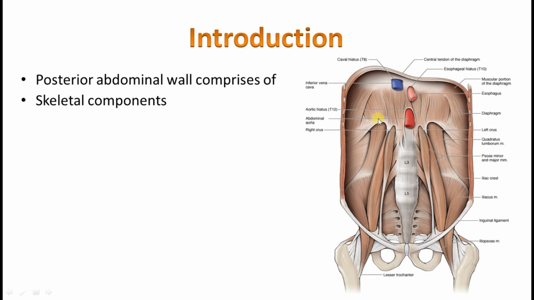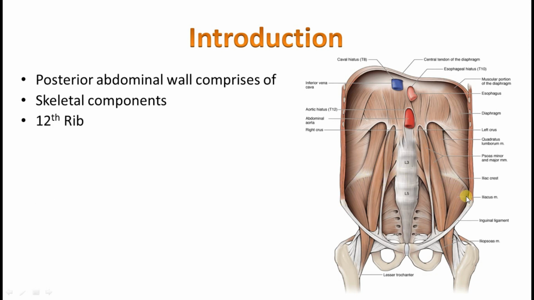Laterally or superolaterally, the wall is supplemented by the ribs, the inner surface of the lower 3 or 4 ribs, and mostly it is the 11th and the 12th rib. Then below, on either side of the midline, you have the sacrum, mainly the ala of the sacrum, and the iliac fossa.